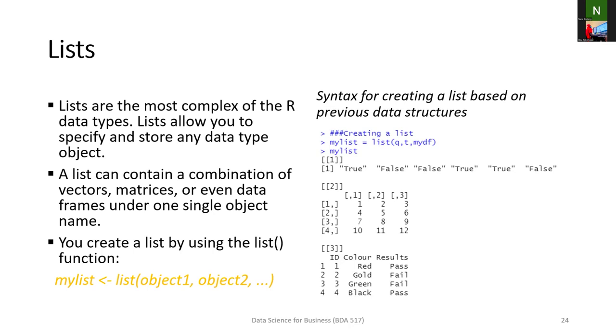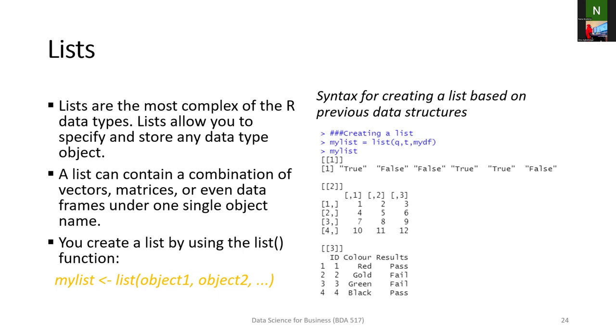So we create a list by using the list function. Here you see that you put the first object and then the second object and so forth, and you can create as many objects as you want. Everything that we've done so far, we can put all of them in the list.